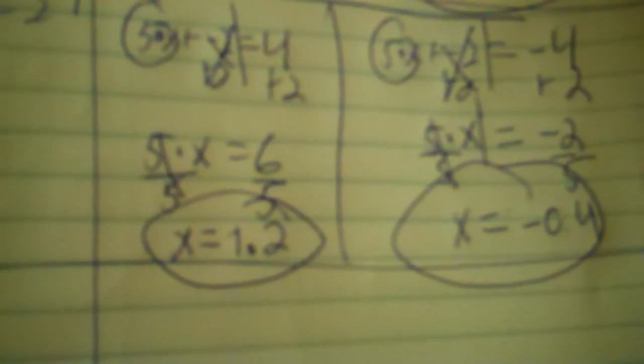Negative 4 plus 2 is negative 2. Then I need to divide by my 5. Negative 2 divided by 5 is going to be negative 0.4. You can get negative answers for x, that's fine. For the variable inside, that can happen.